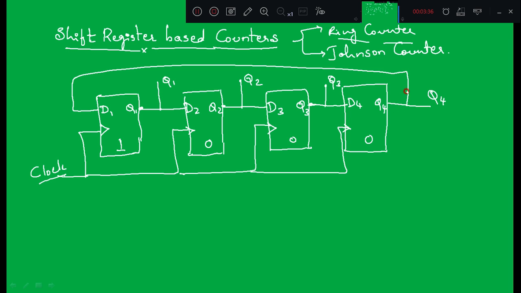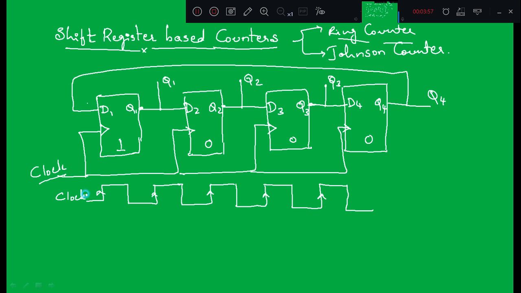Q4 is connected to D1. I'll explain it with only 4 to 5 clock pulses, because after that the states are going to repeat, right? This is a clock which is connected to all the flip-flops, right?